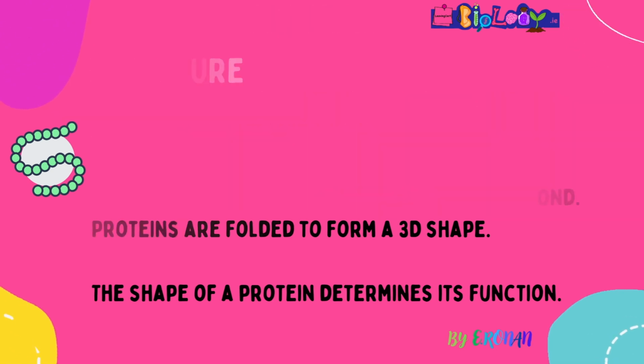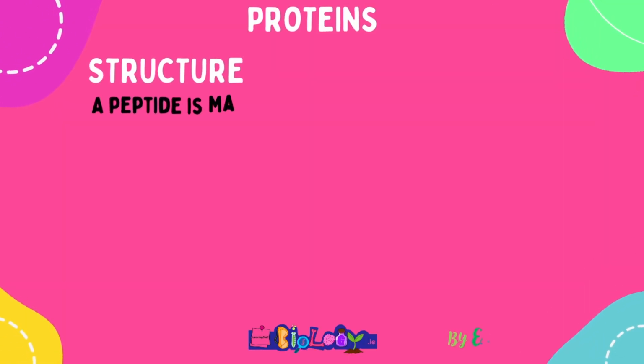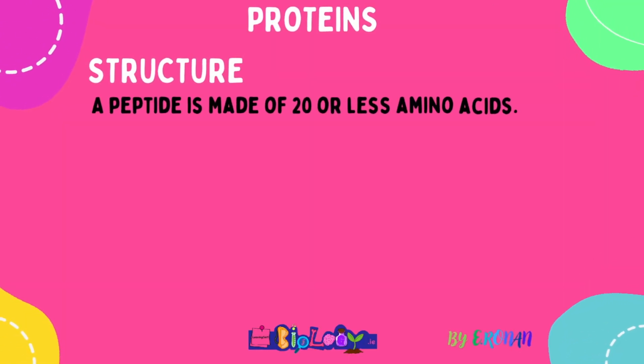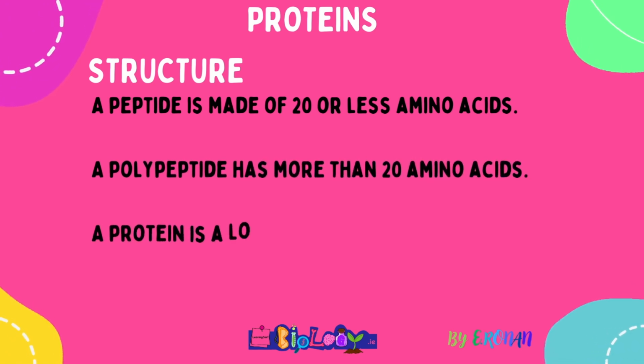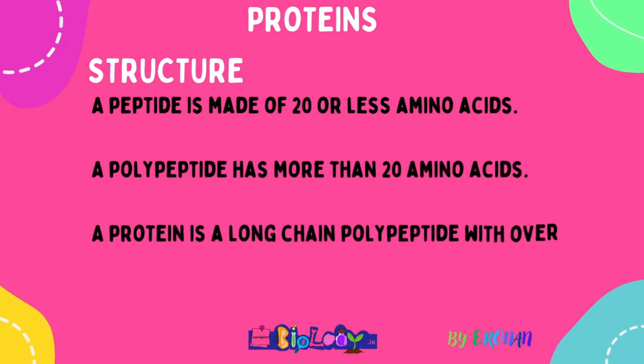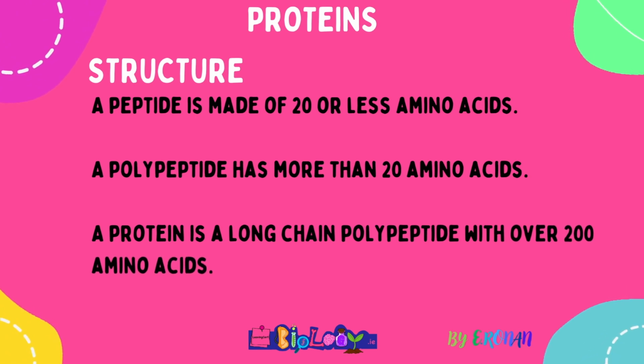So we're going to have to look a bit more into this. So structure, a peptide is made up of 20 or less amino acids, a polypeptide is made up of more than 20 amino acids, and a protein is a long-chained polypeptide with over 200 amino acids. So peptide, polypeptide, proteins, you might come across these if you study home economics as well.